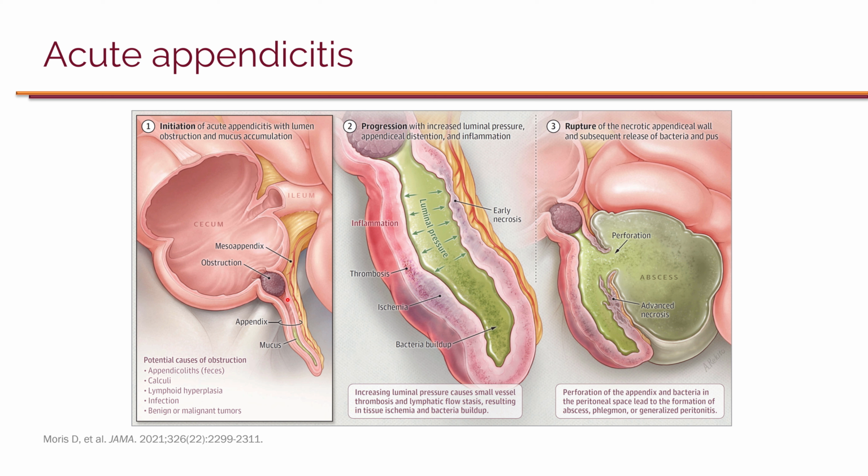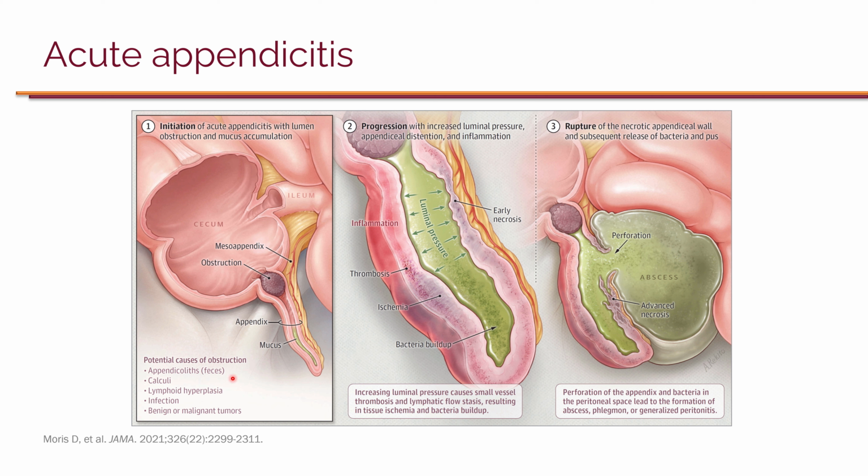When we look closely at the appendix, inside there are bacteria present as a normal part of the microbiome. The appendix does have a role in human health, and that's specifically to house a healthy microbiome. As you can imagine, the appendix could get obstructed due to many things.